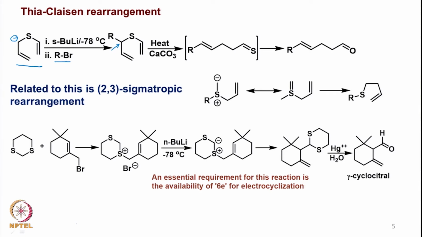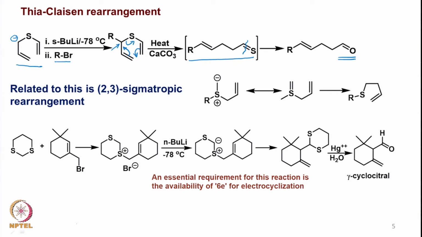When this is heated with calcium carbonate, of course you have this Thia-Claisen rearrangement, and we can get a molecule of this kind, which during the workup will get hydrolyzed and the corresponding aldehyde would form.